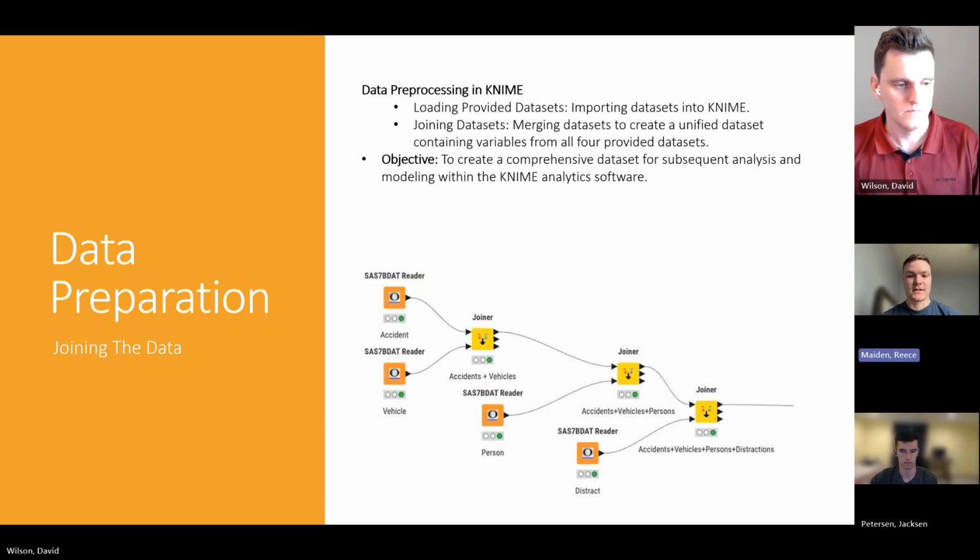So this reads in the SAS data files and converts it to a uniform table that KNIME is able to recognize and use. And then the yellow nodes are used to join the four data sets into one single data set with all of the variables to help us perform analysis.